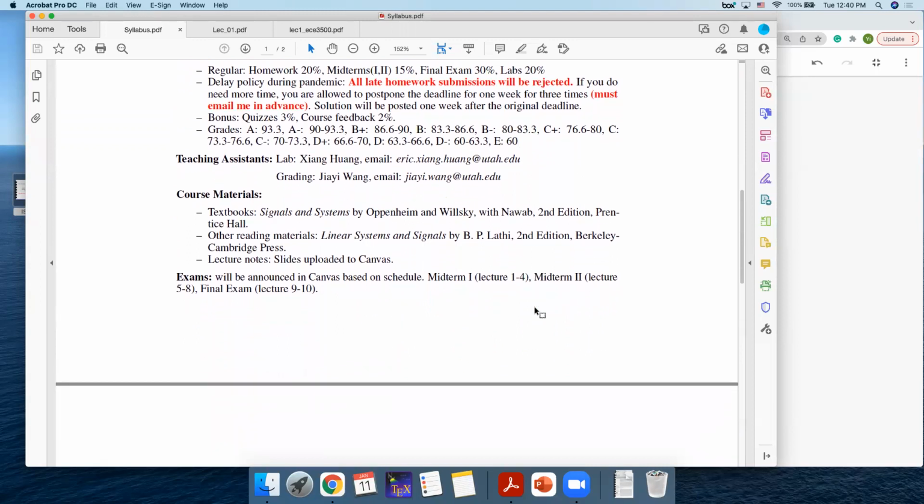And the textbook we will use is the signals and systems book by Oppenheim and Willsky, second edition. You can get that on the Canvas webpage. I think all the materials, the lecture notes and the homeworks, are self-contained, so you don't have to refer to the textbook.